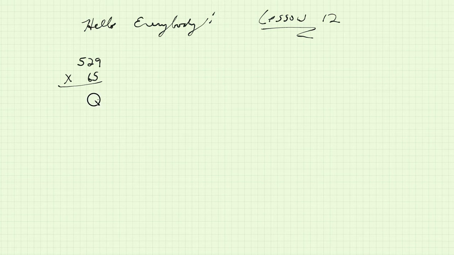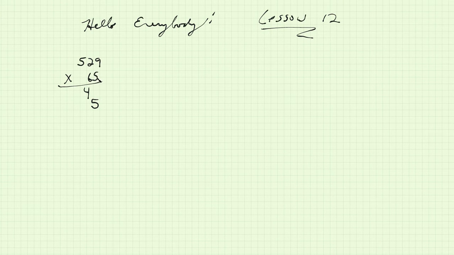I'm going to come down here and give myself some space so that I can put some numbers up here if I need to. 5 times 9 is 45 ones, which is a 5 in the ones place, and then it's a 4 in the tens place, isn't it? Then 5 times 2 is 10, but this is actually 5 times 20, isn't it? 5 times 20 is 100.